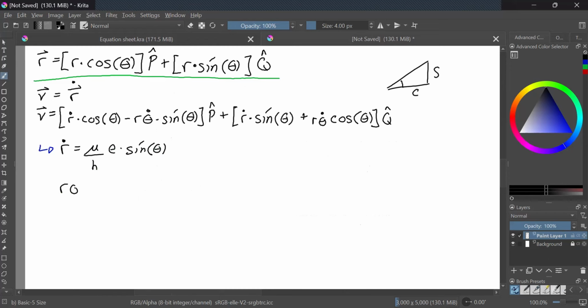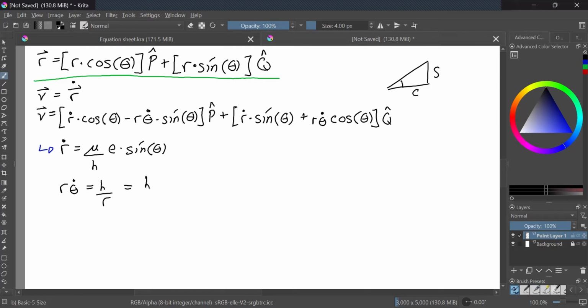And r theta dot is going to be h over r, which we can make further complicated by realizing that for r, we have an equation in the form of the orbit equation. We've been using it a lot. It's a good thing that we came up with that.